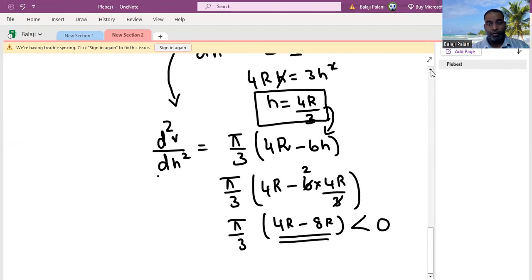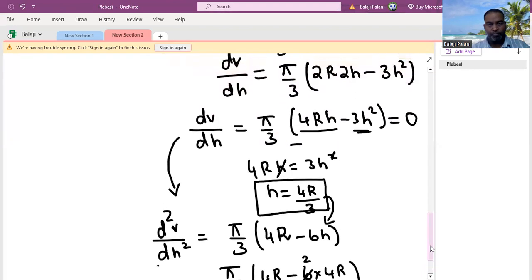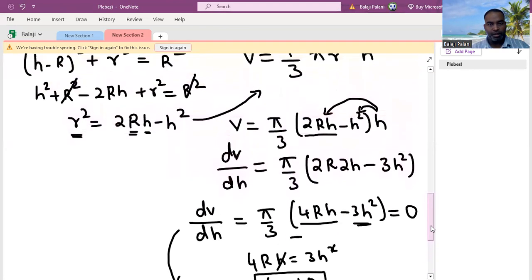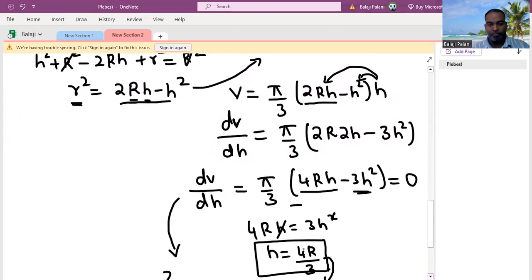Now, we have to prove that volume of the cone is 8 by 27 volume of the sphere. So, getting back to this equation, we're going to replace r square as this. We're going to replace h as 4r by 3 from this equation.